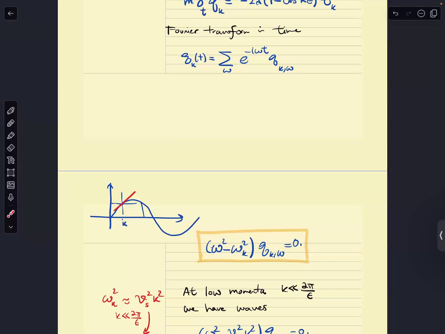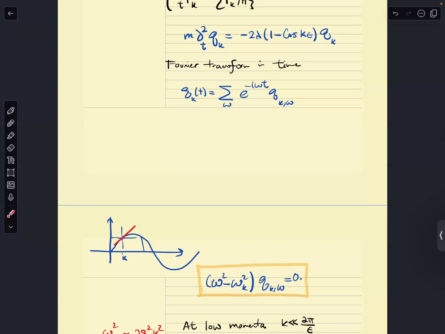At high momentum, can we say something about the system itself? Well, we know everything about the system, right? The theory that we wrote down is Gaussian. So what is the question you're asking about the high momentum modes? We know its dispersion, just plug in. We know the speed that it propagates with, right?